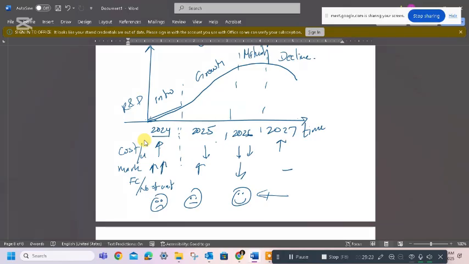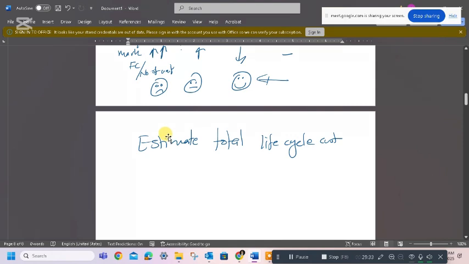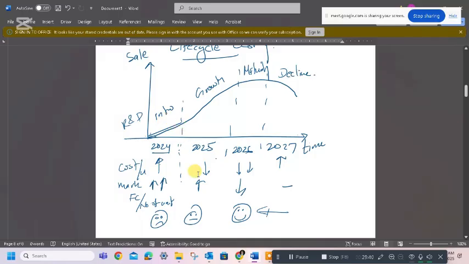Estimate all the production cost, marketing cost, selling and distribution cost, everything for the entire 4 years. Divide by the 4 years' number of units and find the average cost per unit. That is what they call life cycle cost per unit. It's a bit difficult exercise, forecasting it for all 4 years. Imagine if the life cycle is 10 years, you're going to forecast this for 10 years.